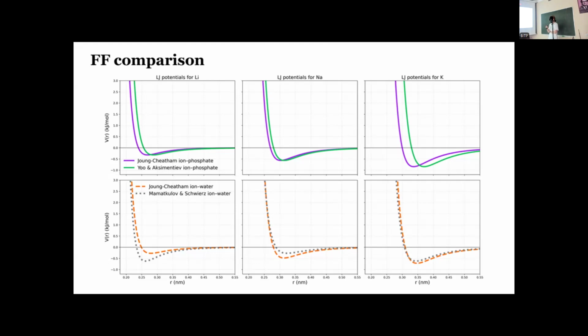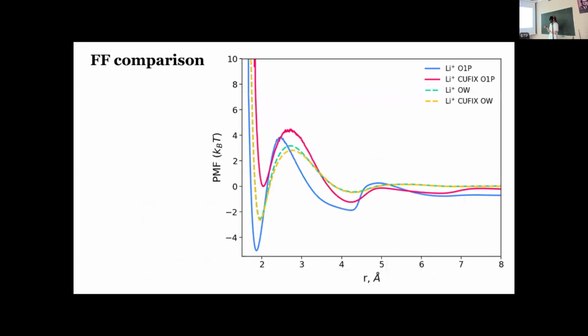while they do not change anything in the ion-water interaction. In this case, we studied this question before, and I have all these graphs. The blue line corresponds to the Young-Chetnam parameters. It's a potential of mean force that we calculated.